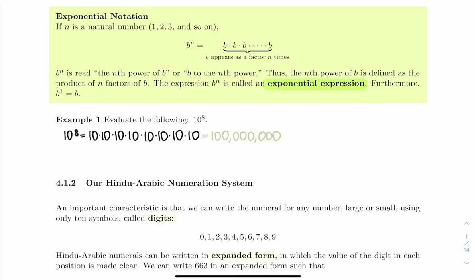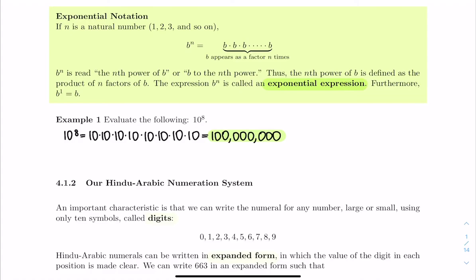And when we multiply that whole thing out, we end up with 100 million. The thing that's cool with tens is the power tells you how many zeros are going to follow the 1. So 10 to the 8th means that I'm going to have 8 zeros that follow the 1.